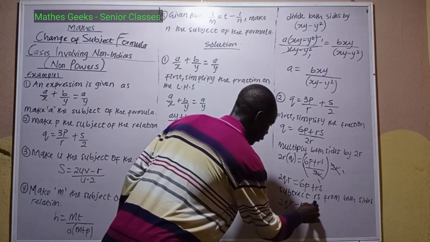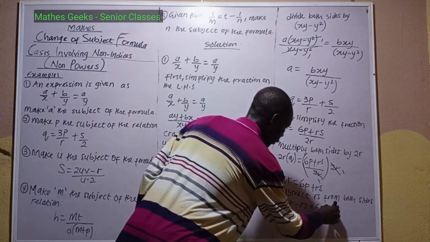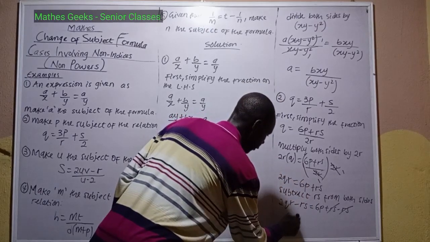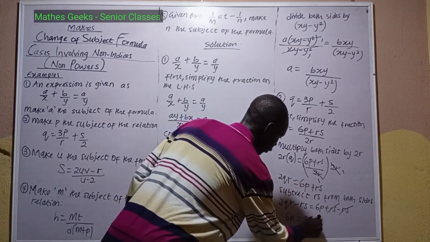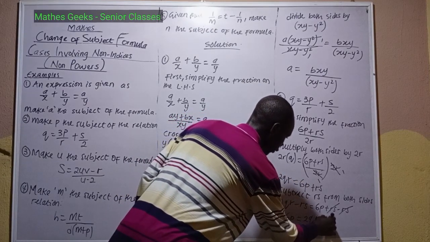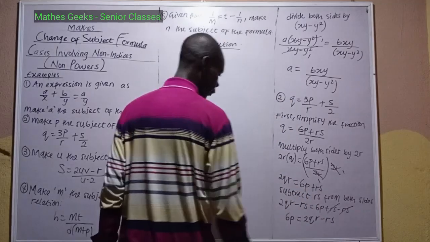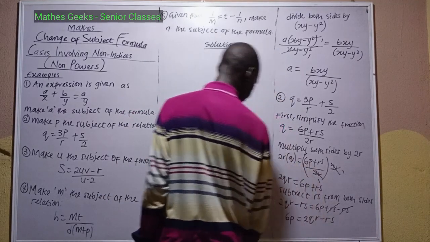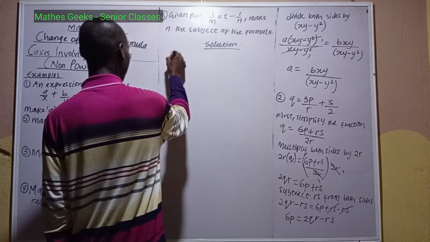2qr minus rs is 6p plus rs minus rs. So if you cancel, 6p is equal to 2qr minus rs. To make p stand alone, we need to remove 6 from p. To do that is division.